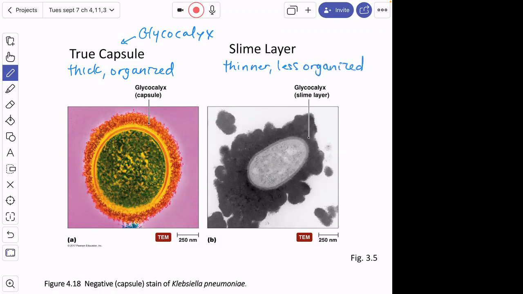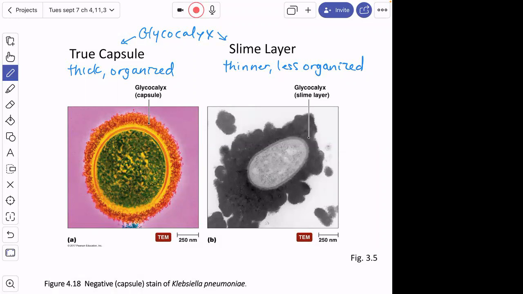Then we would call it just a slime layer. Okay, so really this is kind of a continuum. Again, thick glycocalyx, we would consider it a true capsule. It's kind of thinner, not bound as well to the cell. We might just call it a slime layer. Okay, so it's really common for cells to have somewhere on that continuum.